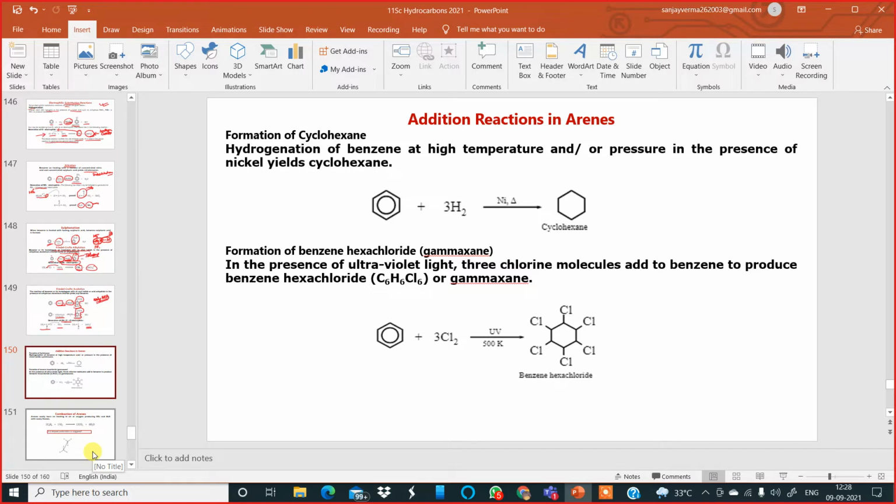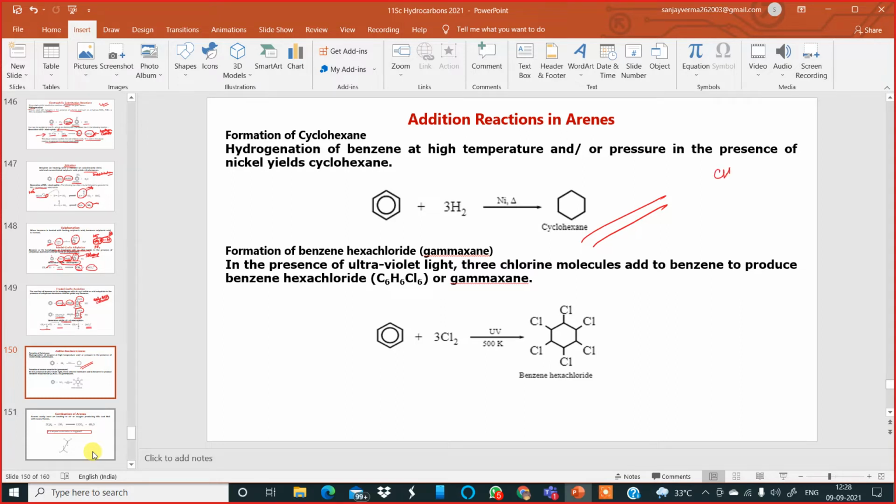If you hydrogenate benzene at high temperature, that means adding hydrogen, in the presence of pressure and a catalyst like nickel, the best catalyst for this purpose, all the pi bonds are broken into single bonds and hydrogen is added to give a compound called cyclohexane.